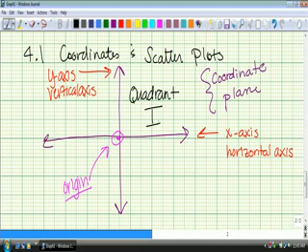Alright, so quadrant 1, top right. Then I go to quadrant 2. Where's quadrant 2? Top left. We go counterclockwise.